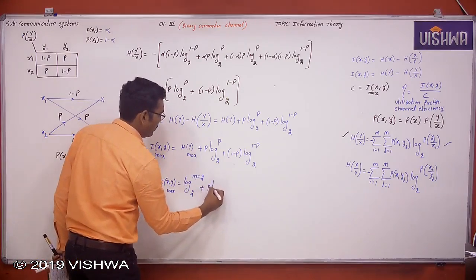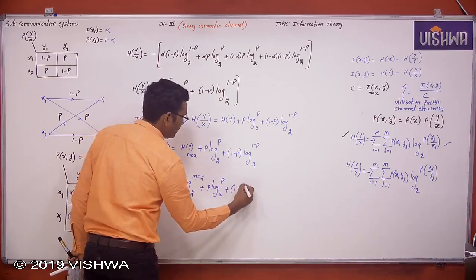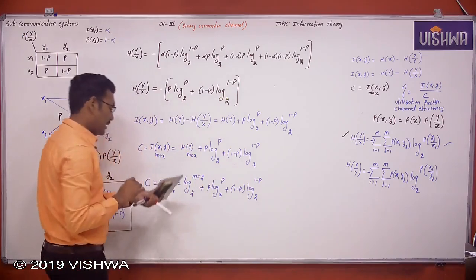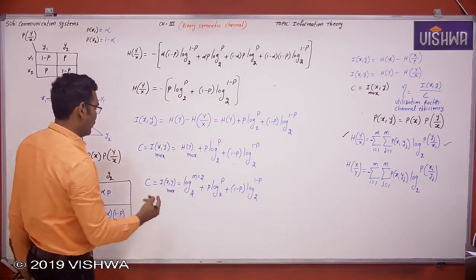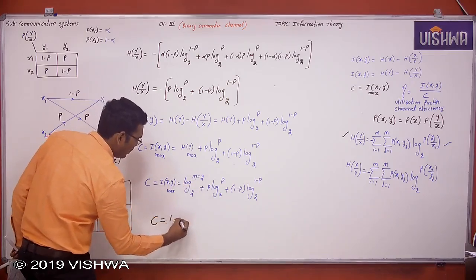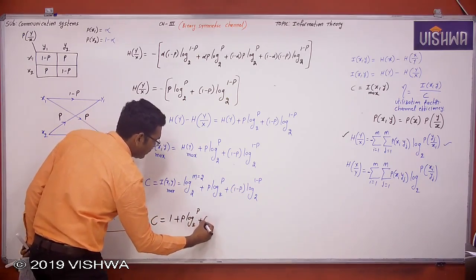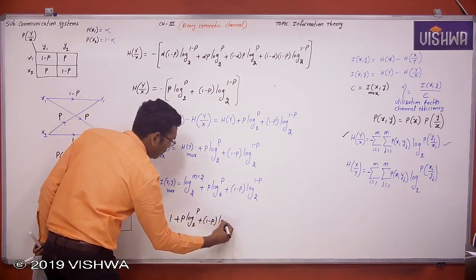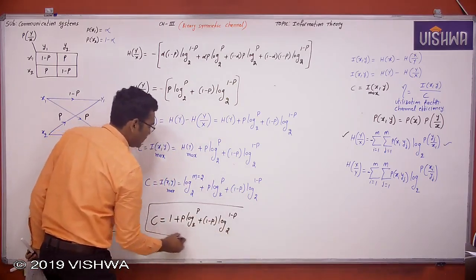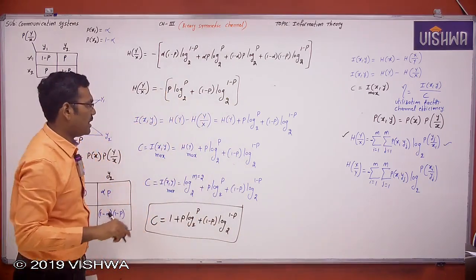Finally, the maximum mutual information, which is the channel capacity, is log 2 base 2, which is 1, plus P log P base 2 plus 1 minus P log 1 minus P base 2. This is the binary symmetric channel capacity. Note this down.